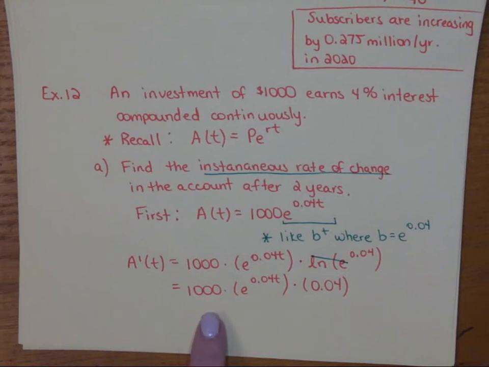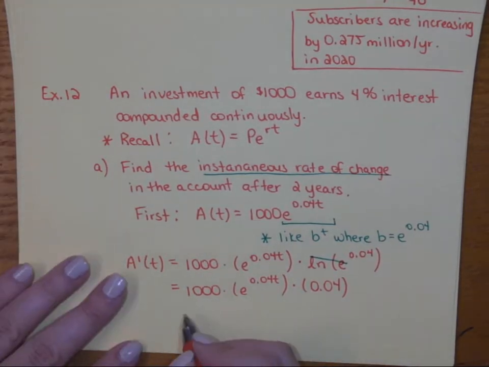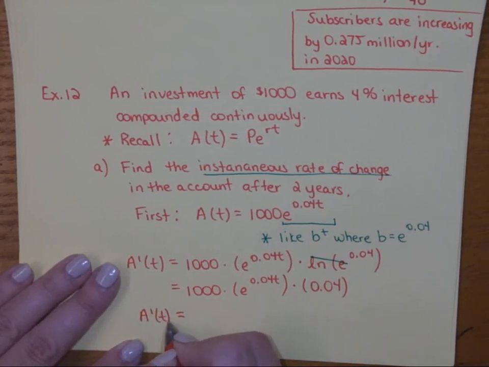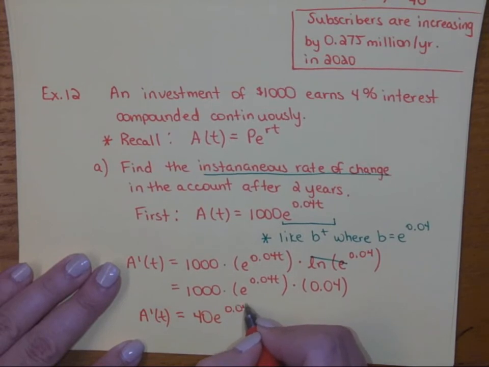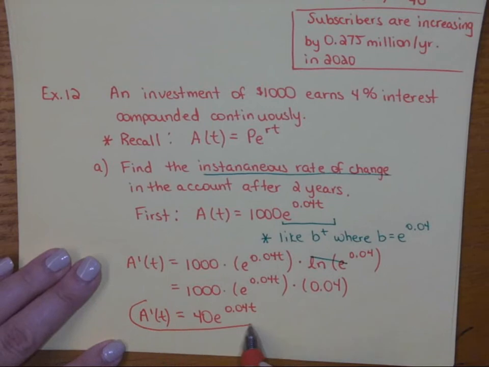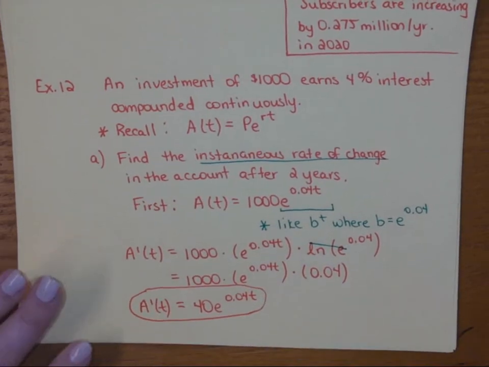But then you could verify that on your calculator too, by the way. But then you could do 1,000 times 0.04. So 1,000 times 0.04 is 40. So you end up getting that the derivative formula is 40 and then e to that 0.04t power. So I'm going to circle this because we're going to use it.